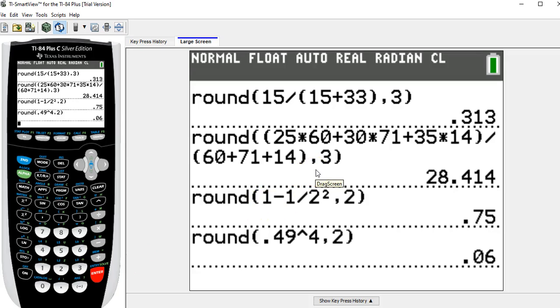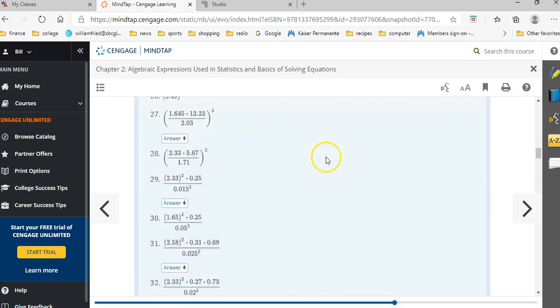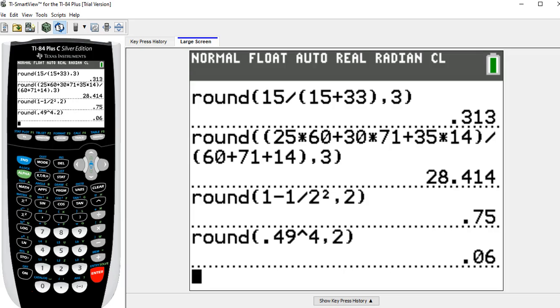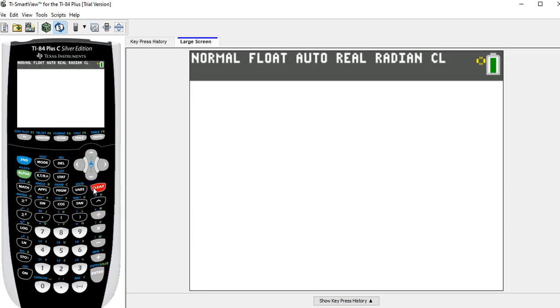Now, just to do an example where they string together some multiplying and dividing with exponents, an example number 30. Let's see, number 30, 1.65 squared times 0.25 divided by 0.05 squared. Again, 2 decimal places. So I'm going to start, let me clear everything else out.